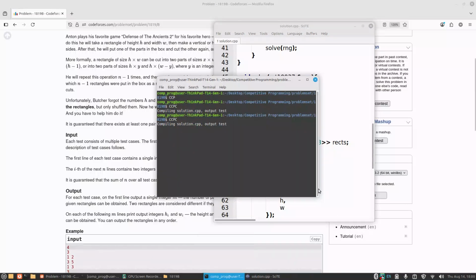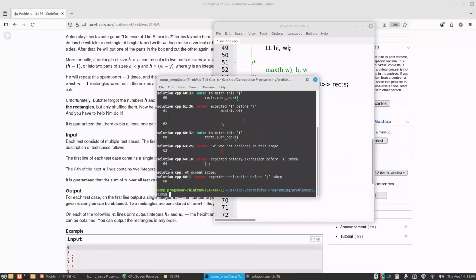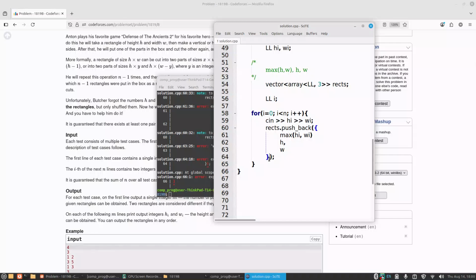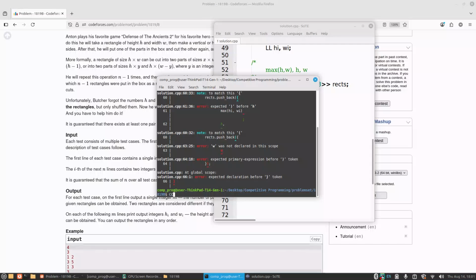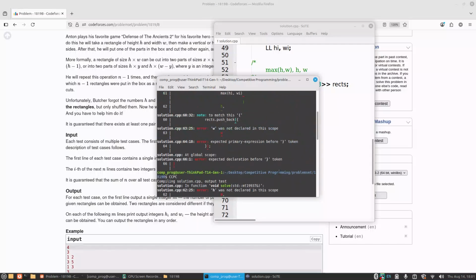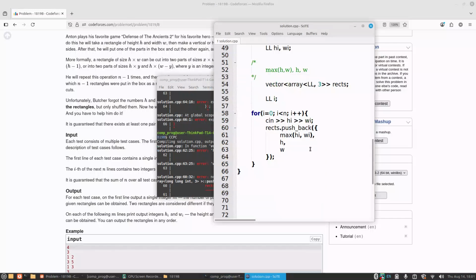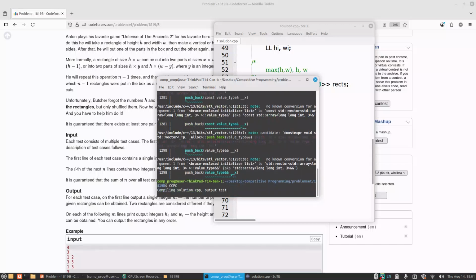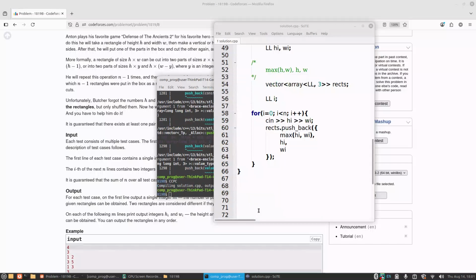And does that compile, or did I forget a bracket? Yeah, I forgot a bracket somewhere. Where did I forget the bracket? A comma, I forgot. Probably forgot something else too. Yep. And that compiles. Okay.